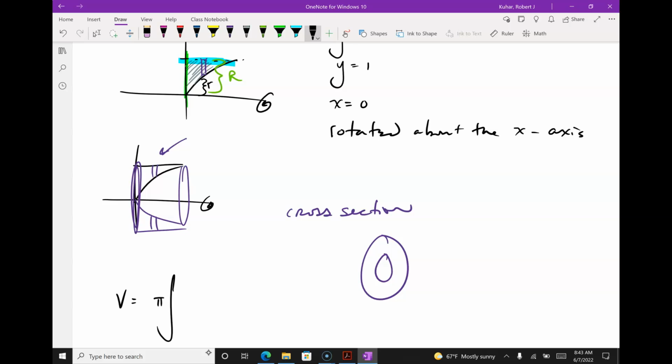I can tell that by the rectangle. The width of the rectangle is a delta x, turns into a dx. So my x's go from 0 to 1. And what's my upper radius? 1. And the lower radius is square root of x.